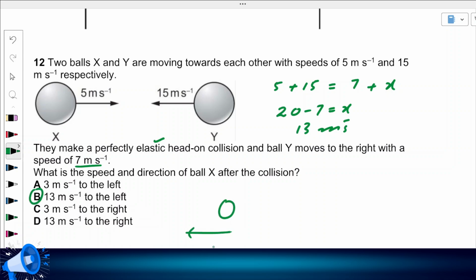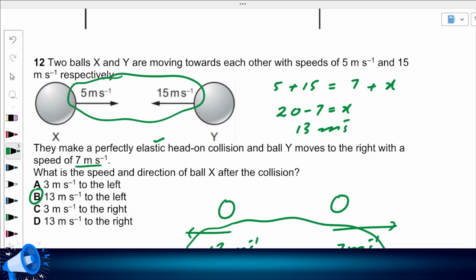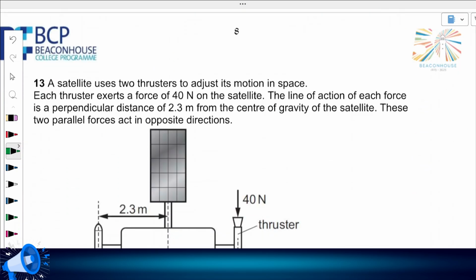So x would move to the left with a speed of 13 meter per second, and y would move to the right with the speed which is given as 7 meter per second. Only then the relative speed of separation would be 20, and the relative speed of approach was also 20. By any other option, these two speeds would not be equal.